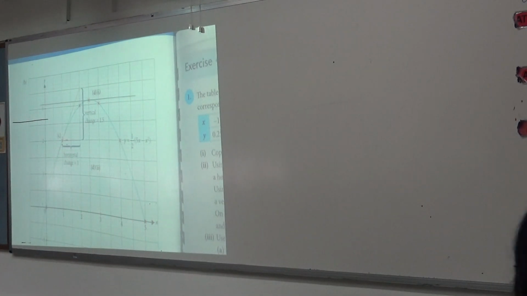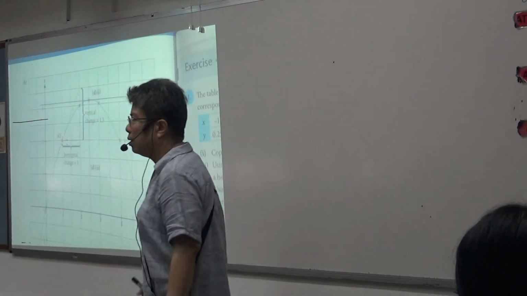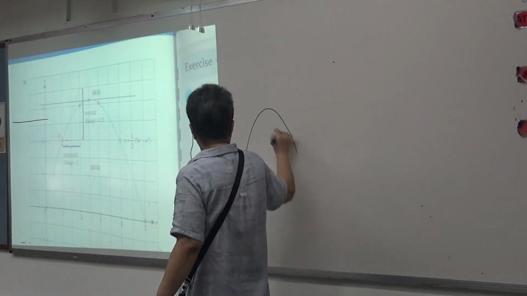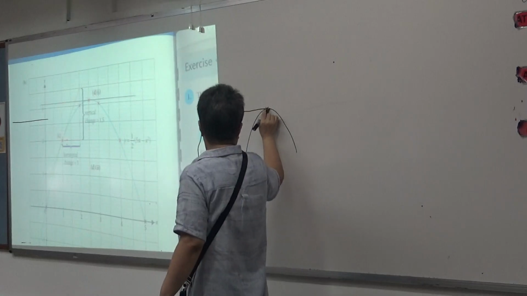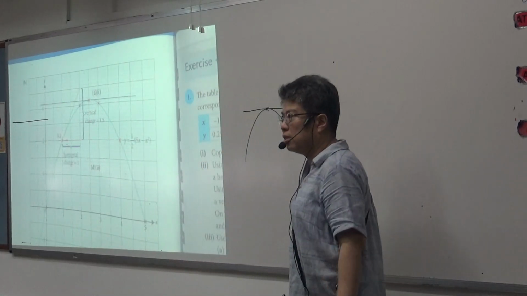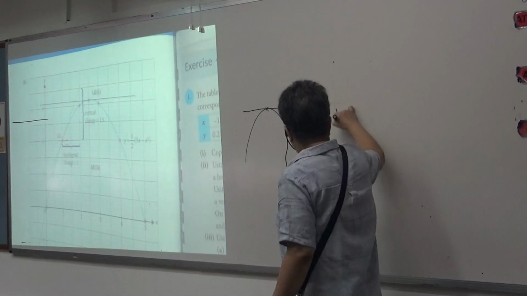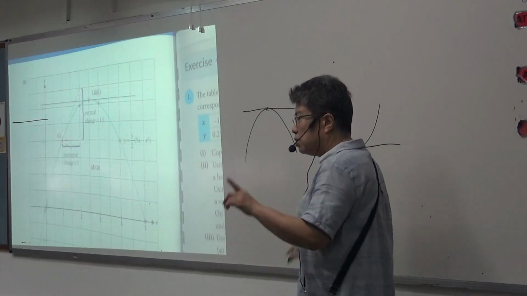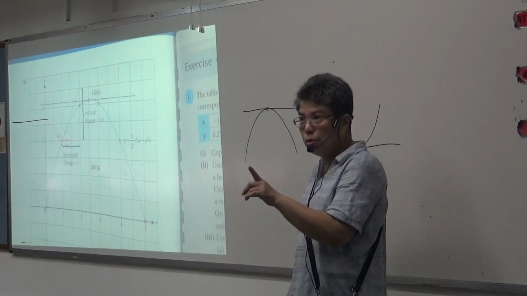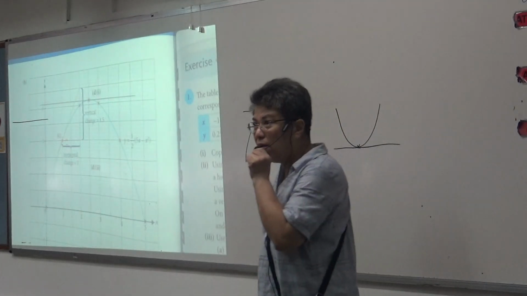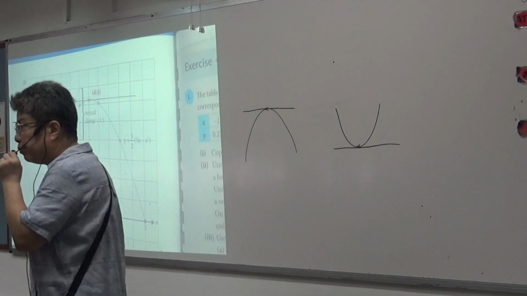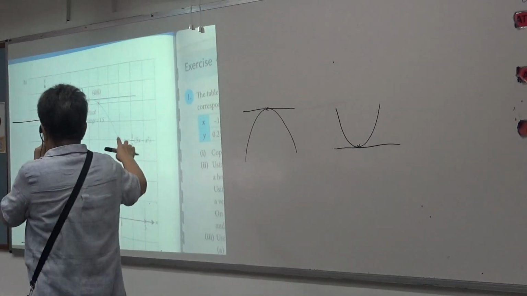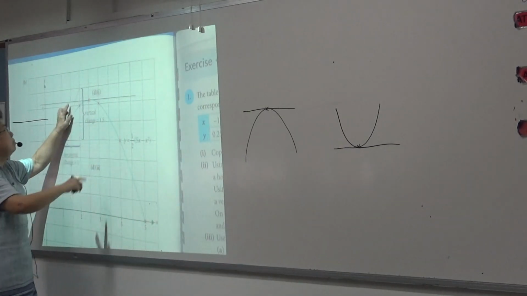This is important. If you have a maximum point, this tangent has gradient 0. If you have a minimum point, this tangent is also 0. So it depends on whether you have a maximum curve or minimum curve. Everybody clear? So this one, the gradient is confirmed 0 already.